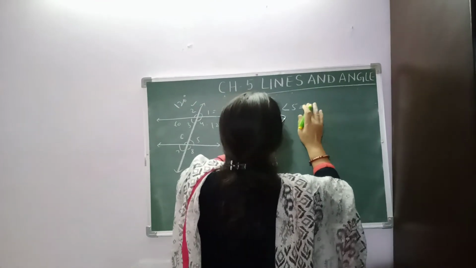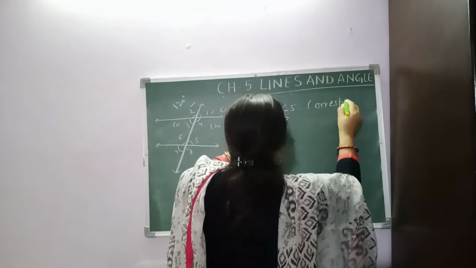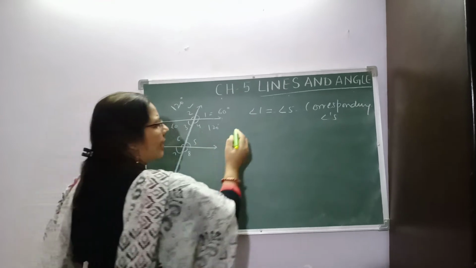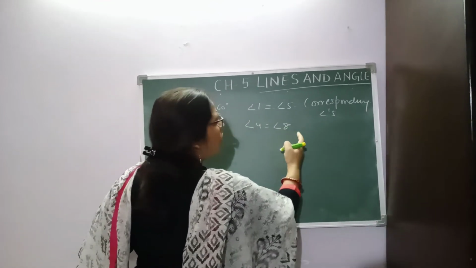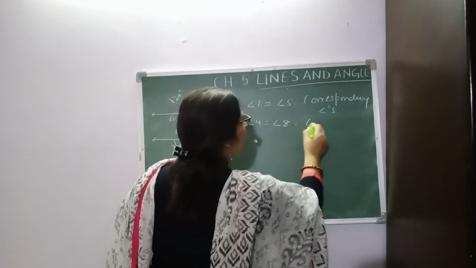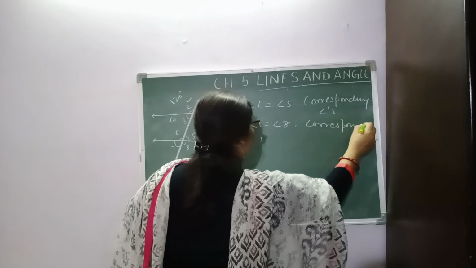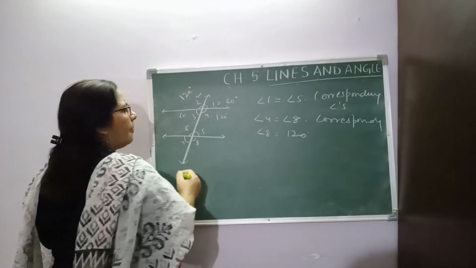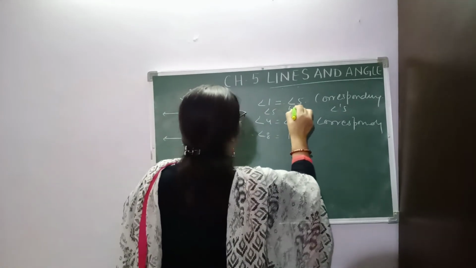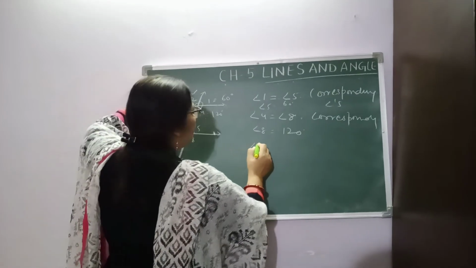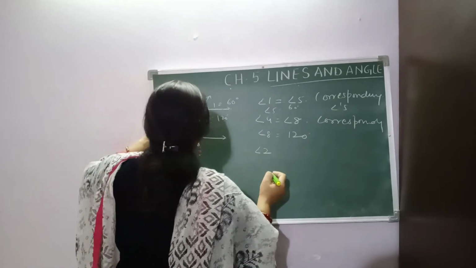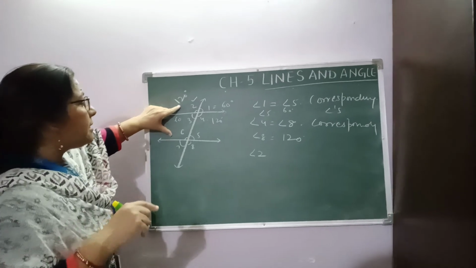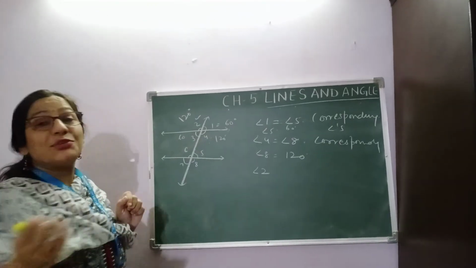In the same way, angle 4 and angle 8 are also corresponding angles, so angle 8 is equal to 120 degrees. On the other side, angle 2 is equal to angle 6 by corresponding angles.